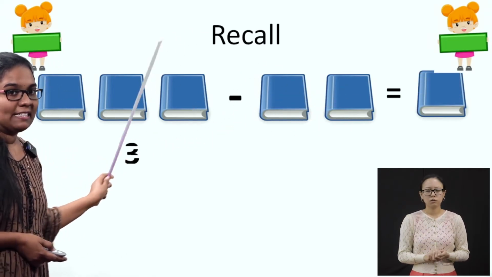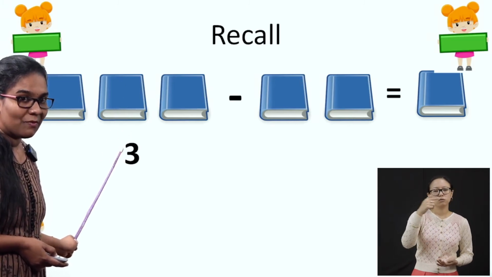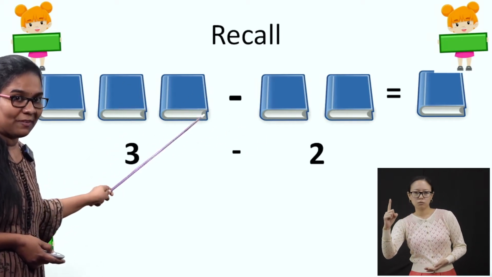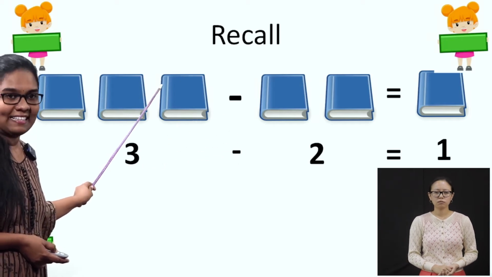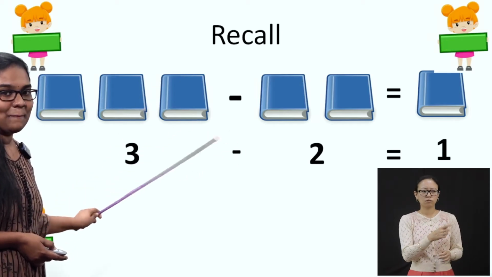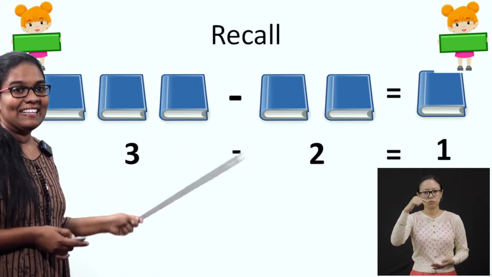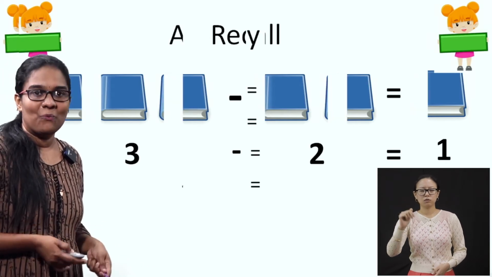One book. That means first here are 3 books. We are going to take away 2 books from here. Then one book is remaining. That is 3 minus 2 is equal to 1.